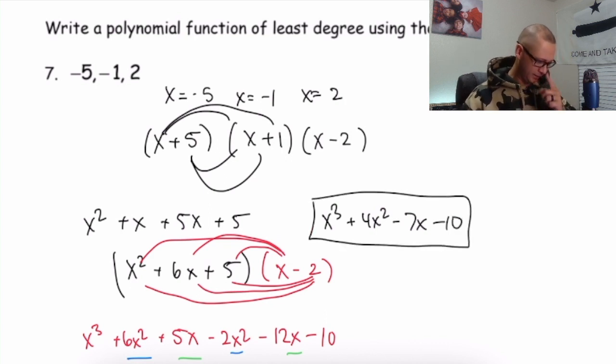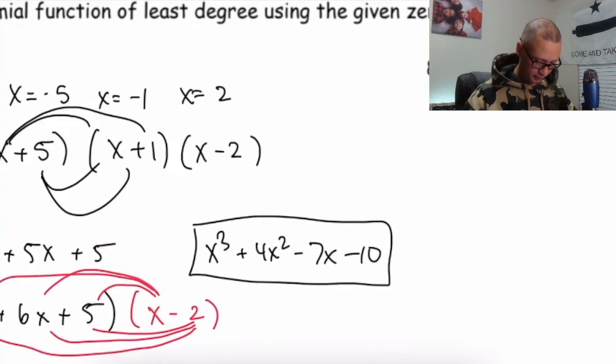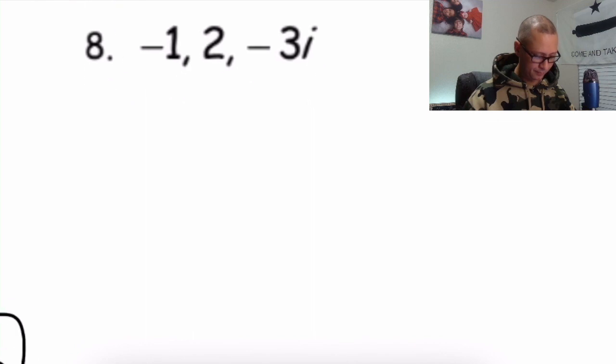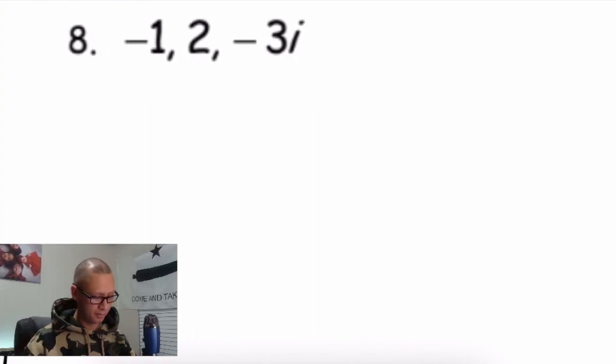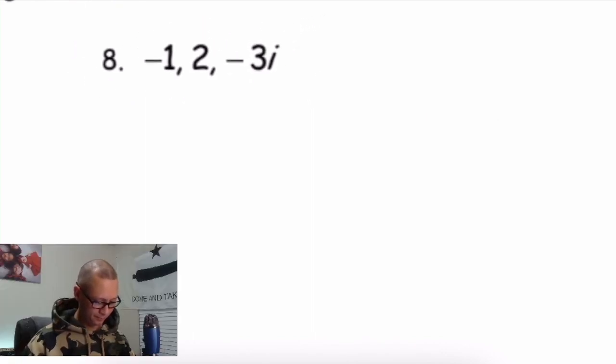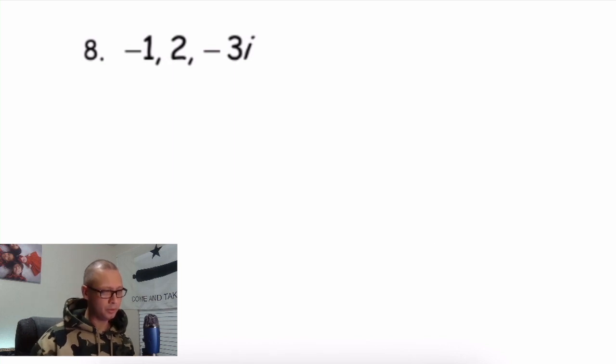So there is a polynomial function of least degree that has these given zeros. Negative 1, 2, negative 3i.